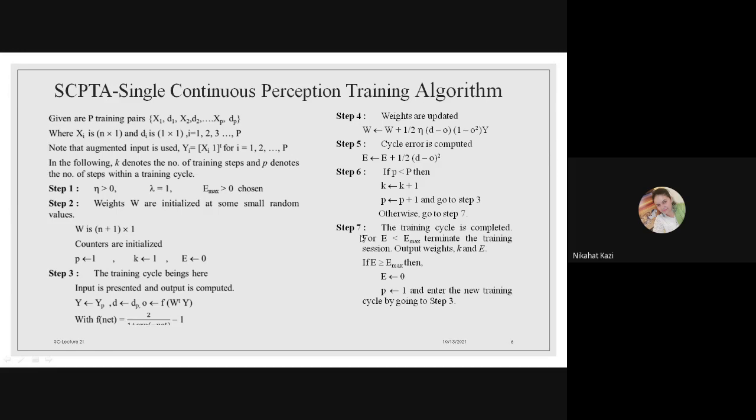We will keep on extending this algorithm one by one, because the delta learning rule is used in all these algorithms till we go towards backpropagation. In backpropagation also, the basic rule that is used is delta learning. It's all mathematical, lots of derivatives to be multiplied, and that is how you get the final training equation for the backpropagation algorithm. So the story starts from this algorithm. That's about SCPTA.